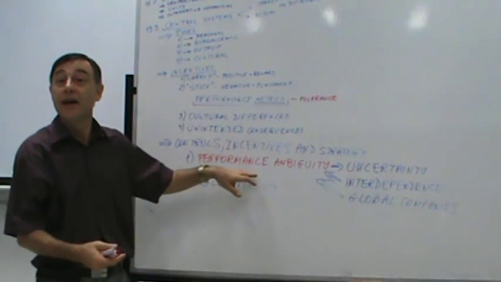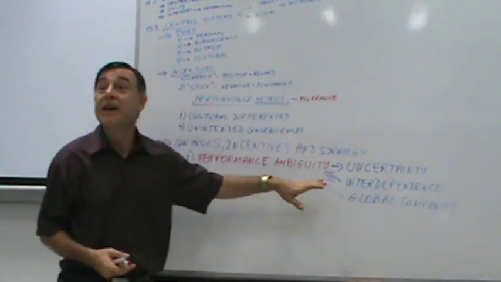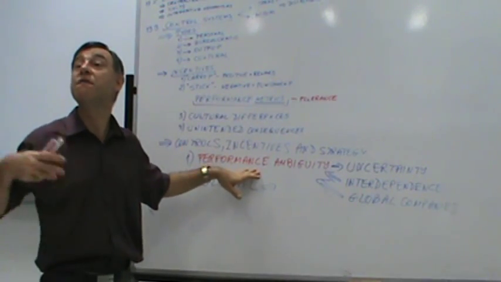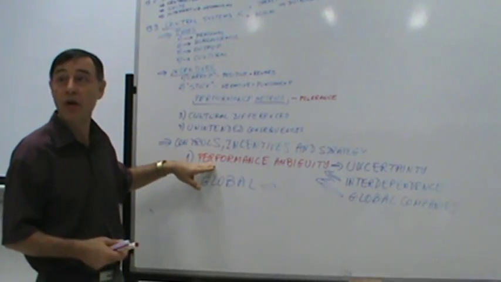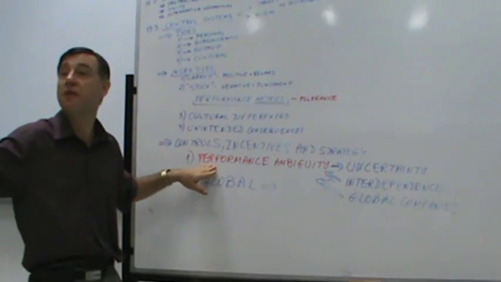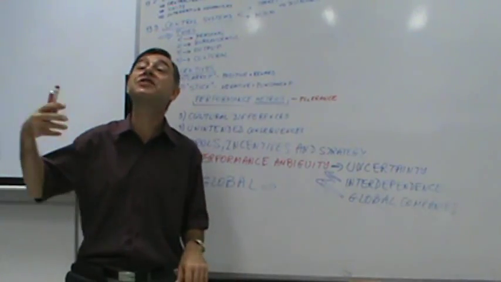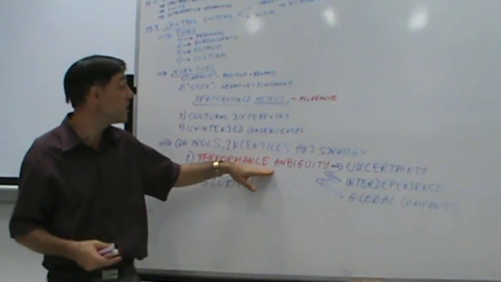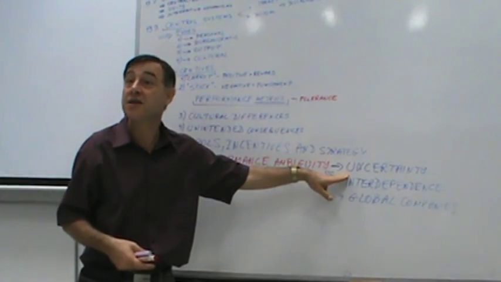So, again, the idea is that global companies a lot of times are a lot more affected by the foreign market, and therefore they are a lot more dependent on the foreign subsidiaries or the foreign sales or the foreign marketing or the foreign growth or the foreign distribution systems, and this introduces a significant amount of performance ambiguity and uncertainty.